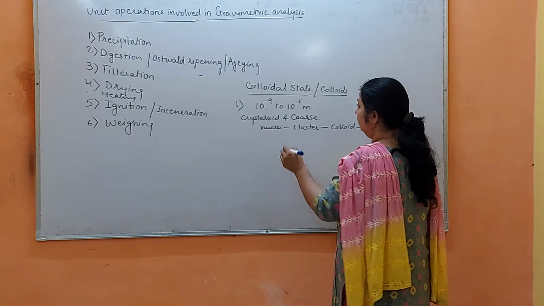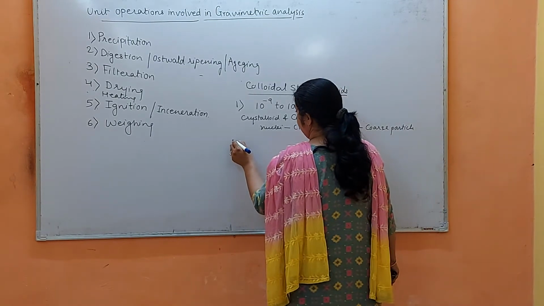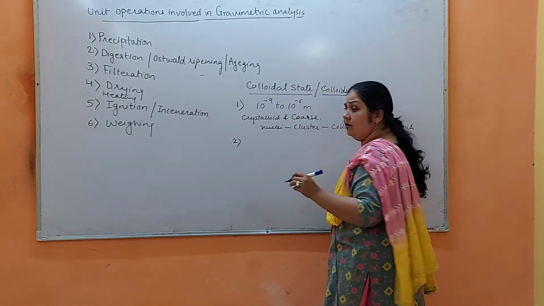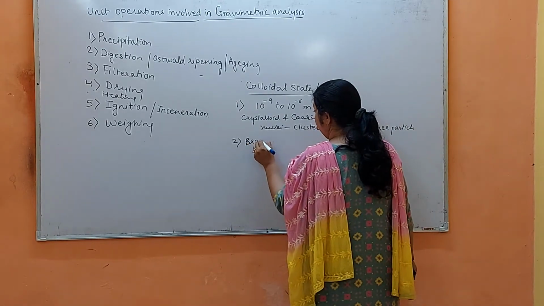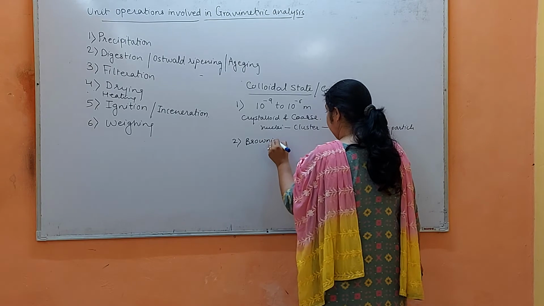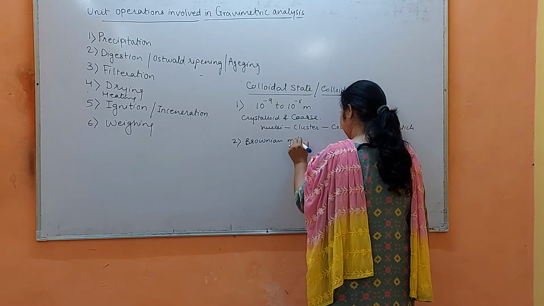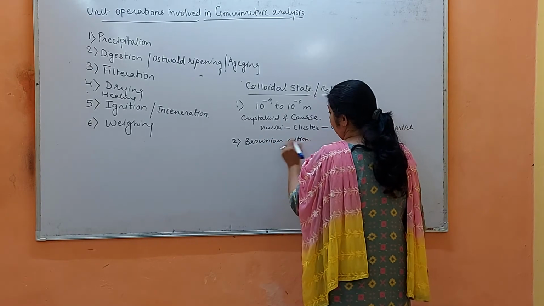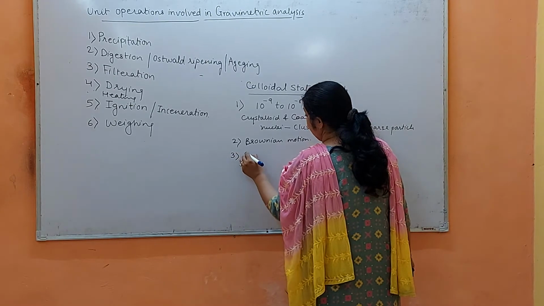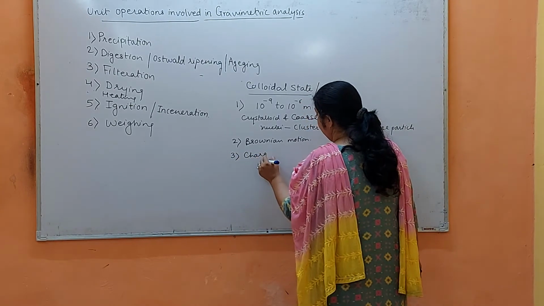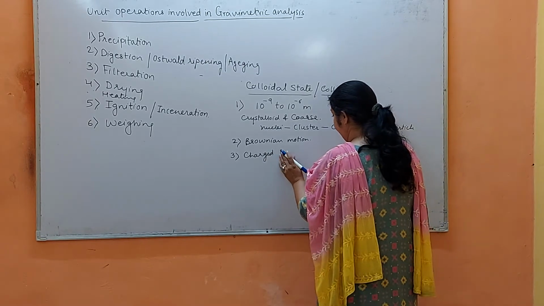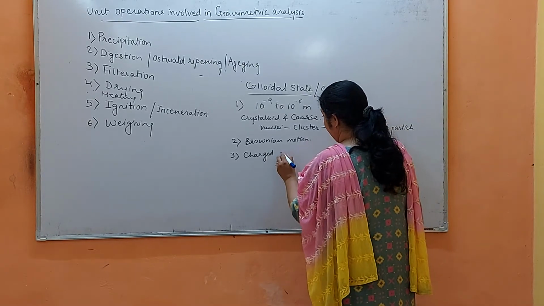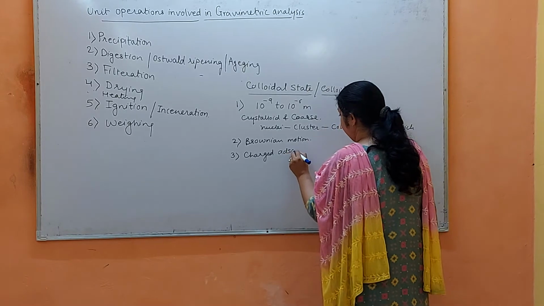Alright, now second thing, colloids show a continuous motion which is called Brownian motion. Third thing, these colloids are charged particles because they adsorb particles.